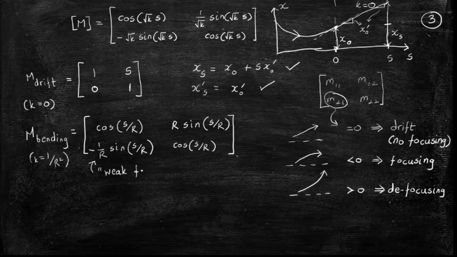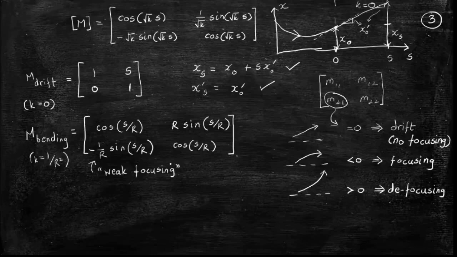Why do you call it weak focusing? Any ideas? Greater the radius. Exactly. Normally, the bending radius is quite large. Correspondingly, the magnitude of that term will be quite small. I'll tell you the physical reason in a moment, but mathematically that term will be very close to zero, because R is very large.